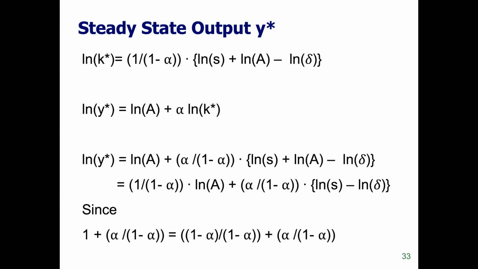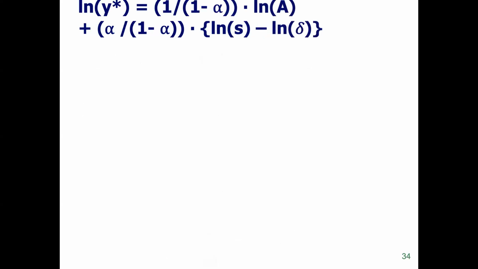Down at the bottom, I've laid out the algebra. I take the one and make it 1 minus alpha over 1 minus alpha, so I've got the same denominator in both cases, but in the numerator, 1 minus alpha plus alpha equals 1. So that's how I got that.